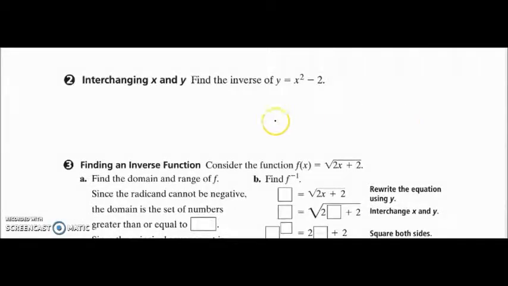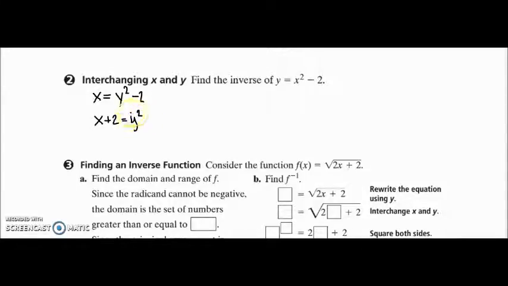Let's take a look at how we would do this without all of the points to map. All we're going to do is change x and y and then solve for y again. So let's rewrite this. Only every y is now an x, and every x is a y. And now we just have to solve this for y, get y by itself. So what we're going to do is add 2. So x plus 2 is y squared.